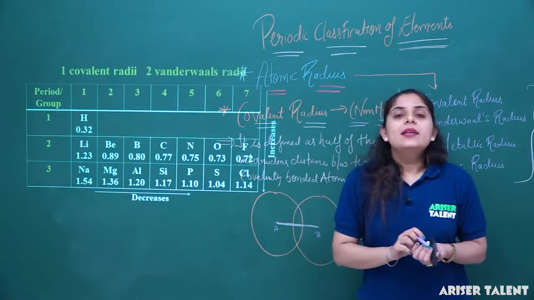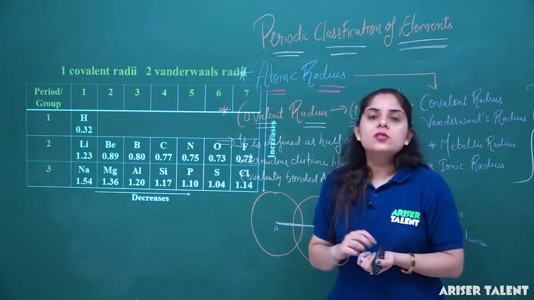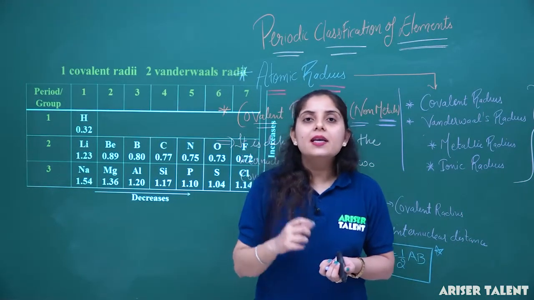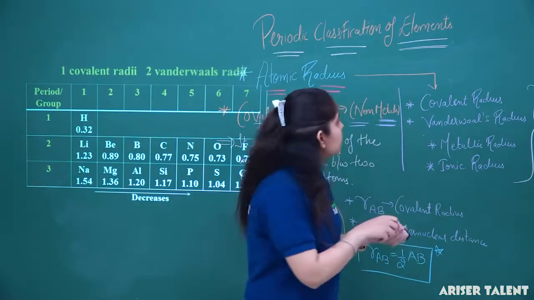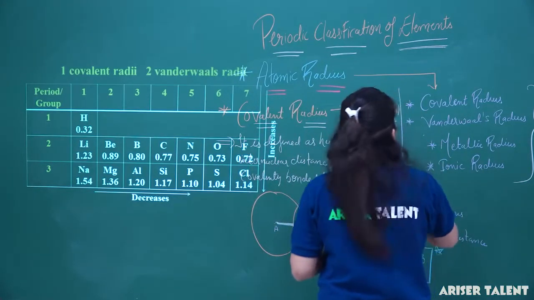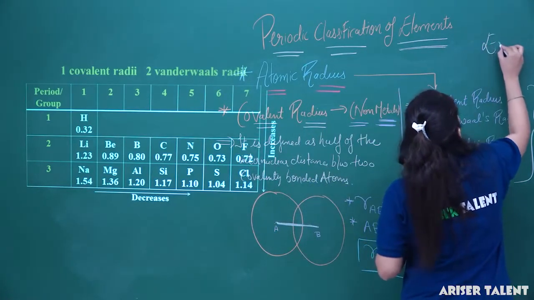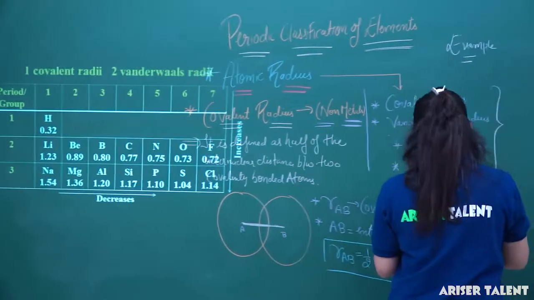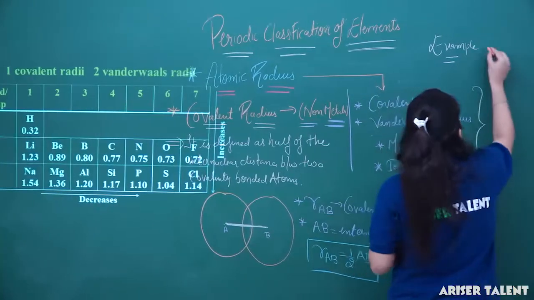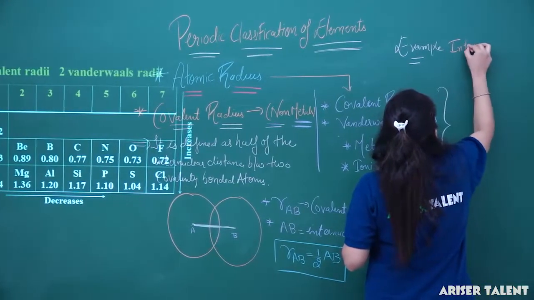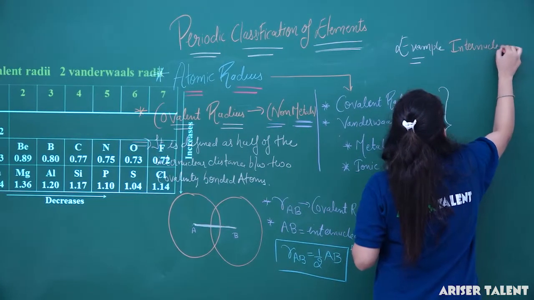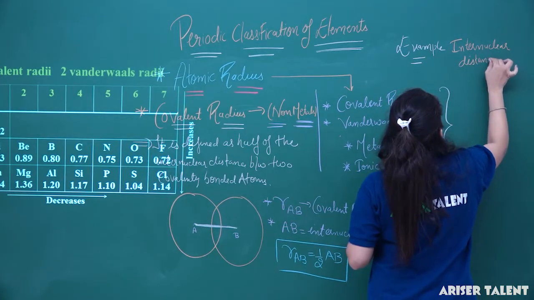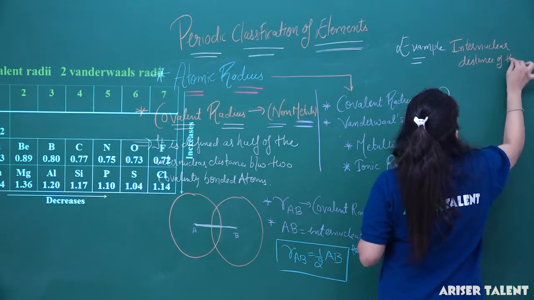Now let us take an example. Suppose the internuclear distance between hydrogen atoms is 74 picometer. Example: internuclear distance of hydrogen.